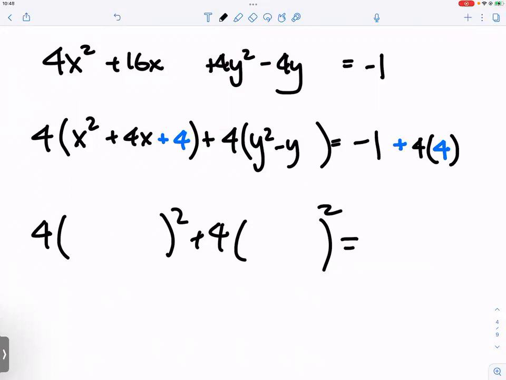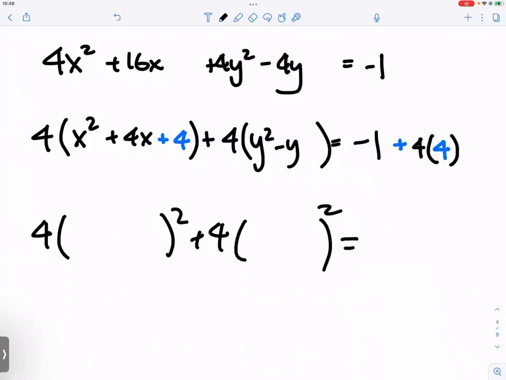Because you're adding 4 inside the parentheses, you are not adding just the 4. You're adding the 4 inside the parentheses that's being multiplied by the 4. So you're actually adding 16. I'm giving you this color coding so that you can see how this is 16.